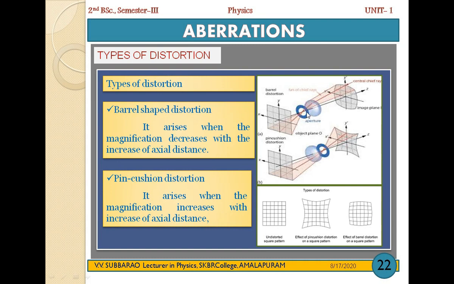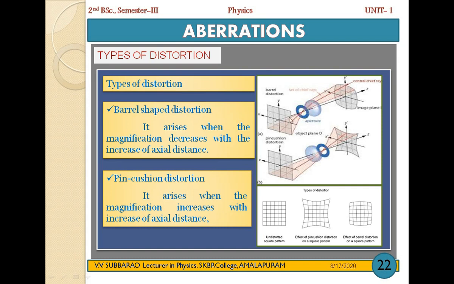Suppose this is the aperture lens used, and the various points on this plane square will be at different distances. This is the axis point, and suppose these 4 points will be at minimum distance and these 4 corner points will be at a longer distance.